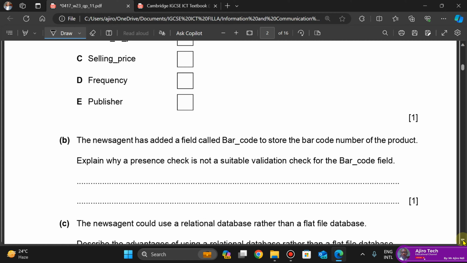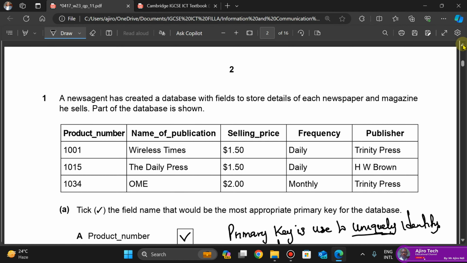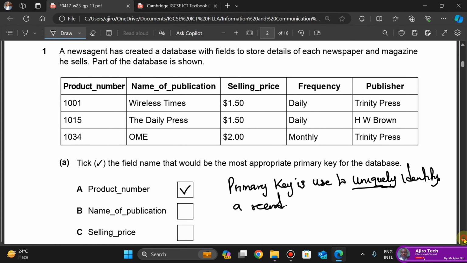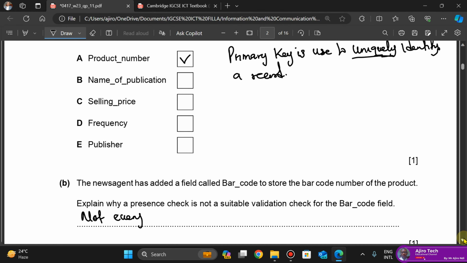So let's explain why it's not. Not every... now let's go up. Let's look at it. Name of publication. We have published. They said explain why the present check is not a suitable check for the barcode field.